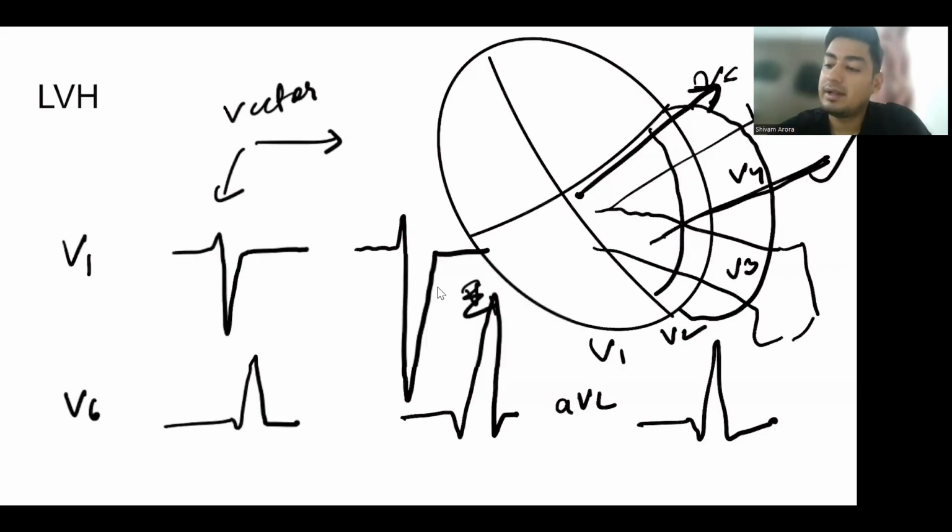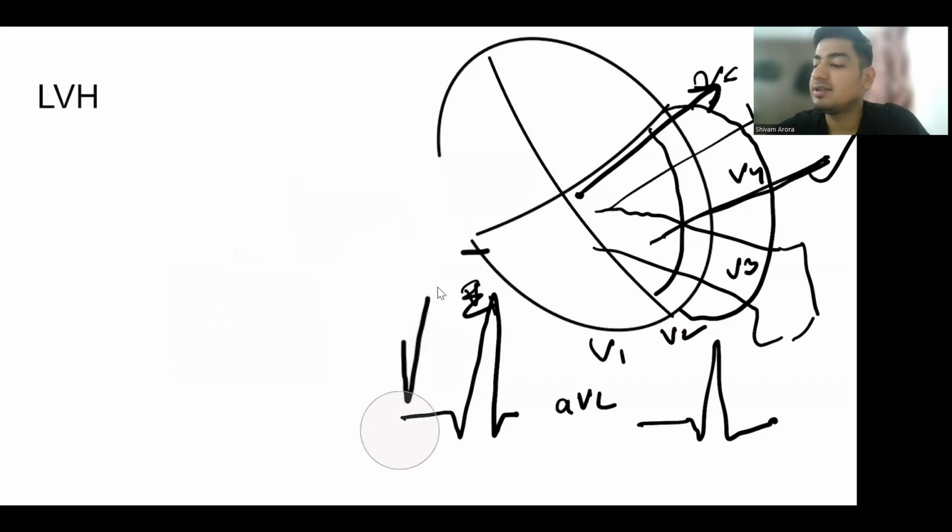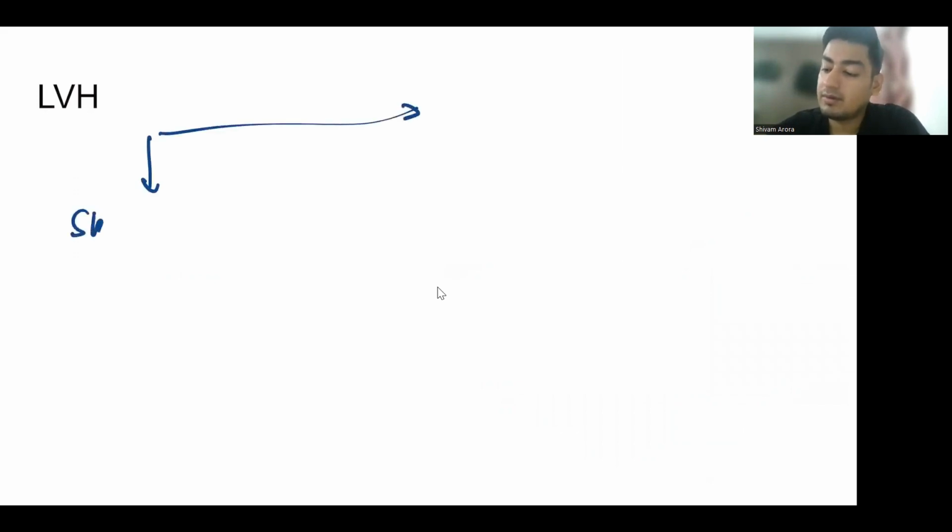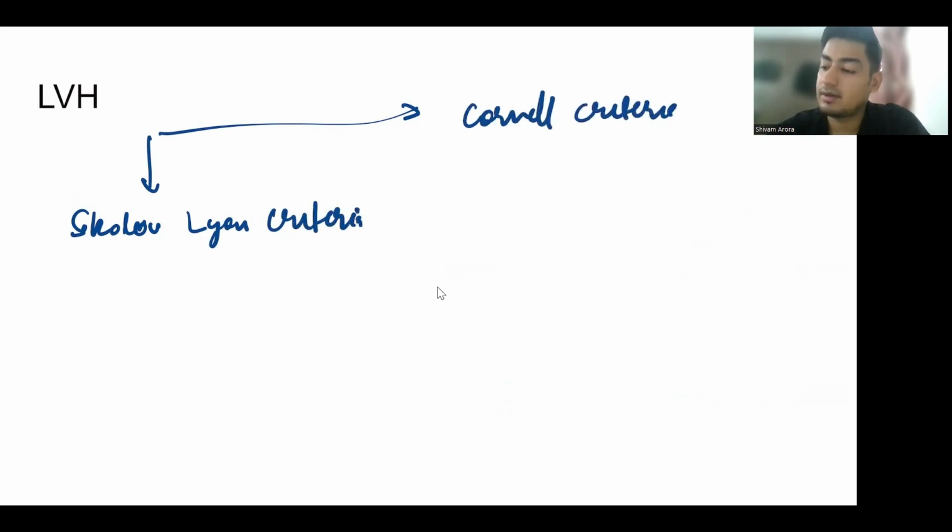So the criteria for LVH is, we generally use two criteria. One is Sokolov-Leon criteria, and another one is Cornell's criteria. In Sokolov-Leon criteria, we have two components.